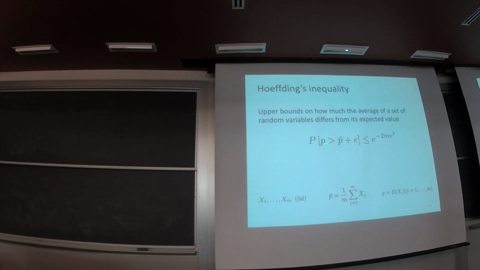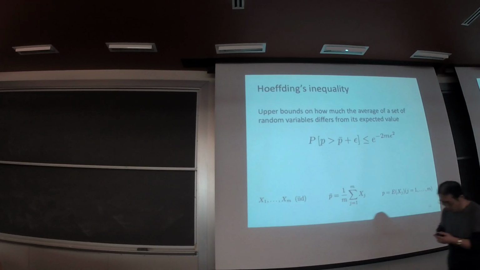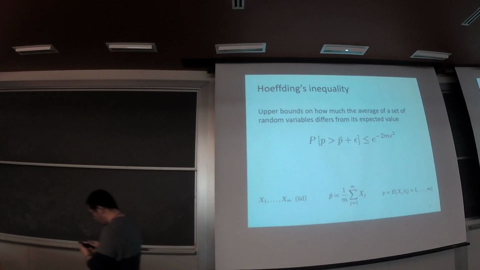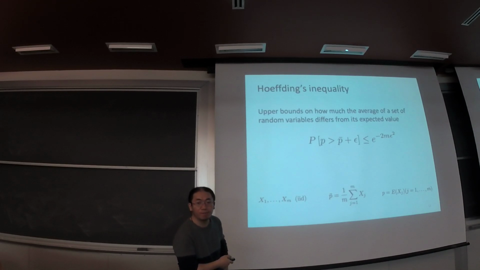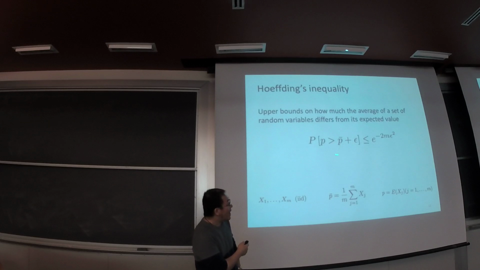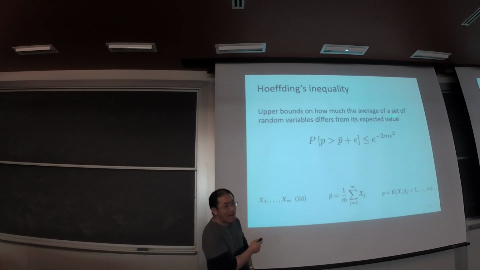The expectation of P bar is P as well. Epsilon is the offset of where P bar is from P. With this inequality, we can claim that the probability that the expectation is bigger than the average of this set of random variables plus offset epsilon is upper bounded by this exponential term.